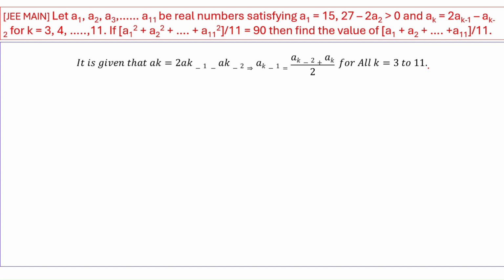So from this we can see that they are in AP, right? The middle term ak minus 1, with ak minus 2 and ak, will be in arithmetic progression, only then the middle term is equal to the average of neighboring terms. For all terms basically, this is all k equal to 3 to 11.